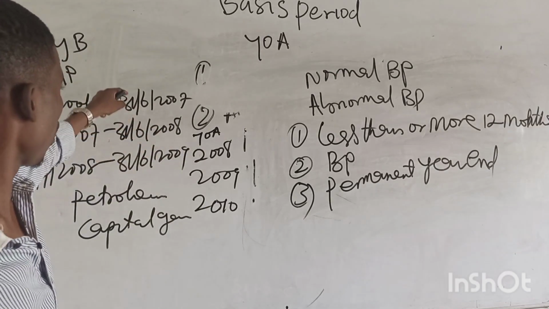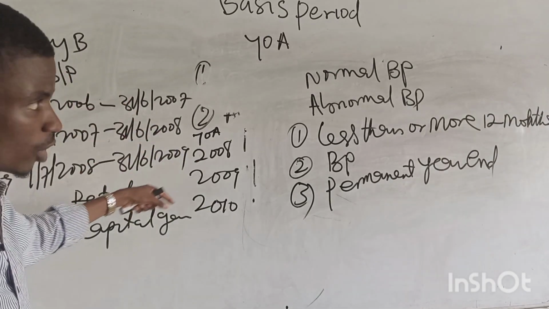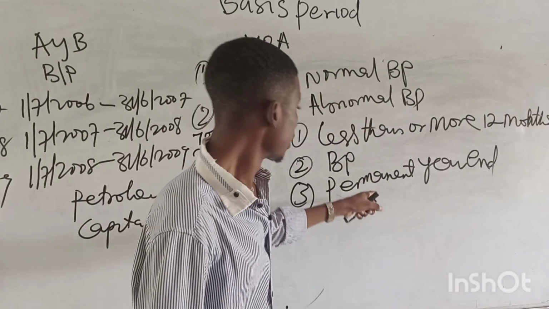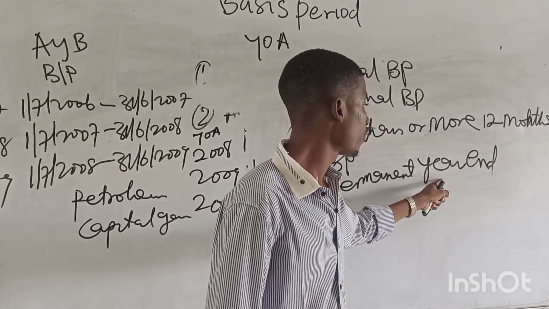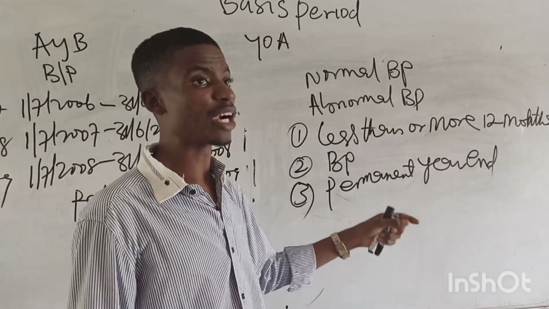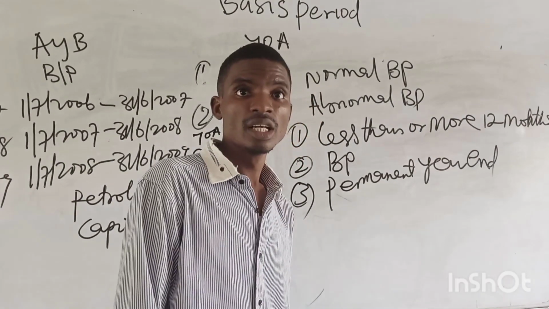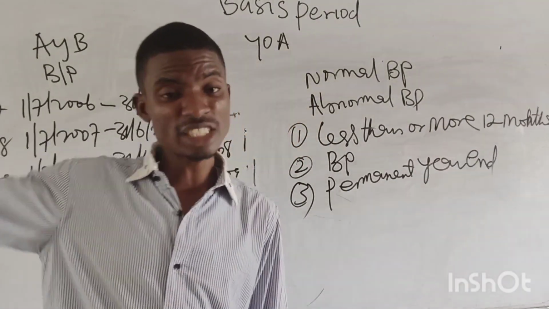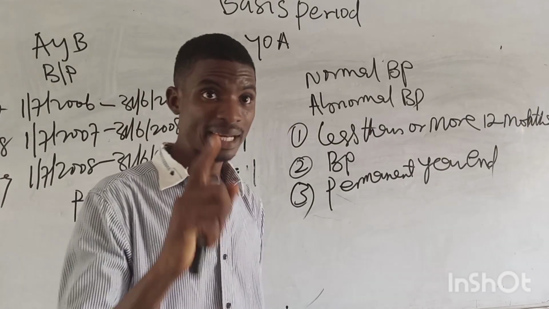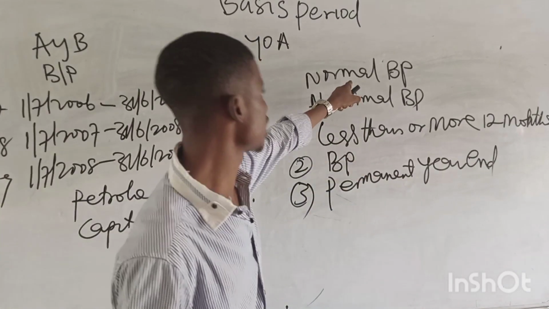You can see that all of them ended on 31st June. It's not that if they close the account this year on 31st June, next year they will close it on 31st July. It must have one permanent year end. So these are the 3 features of normal basis period.